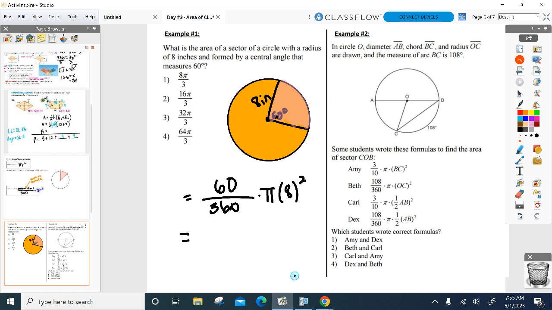60 over 360 times 8 squared, and I'm putting the pi in my answer. I just looked at all the multiple choices and they're all in terms of pi, so I want my answer in terms of pi. So I'm going to calculate everything I can in my calculator. Hopefully it gives me a fraction back. If not, I'll convert it into a fraction.